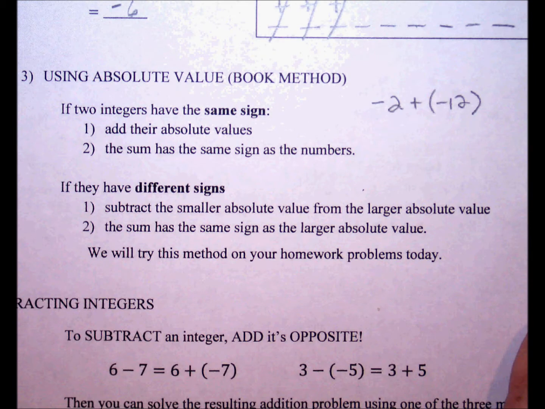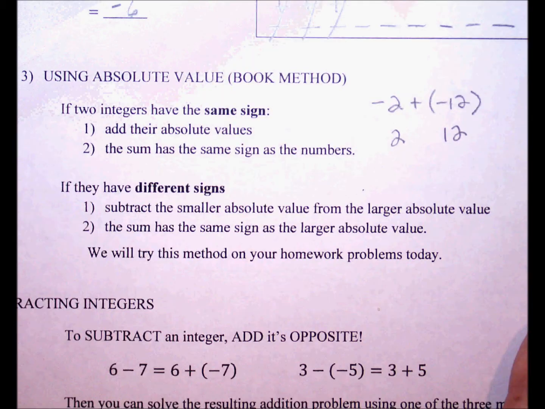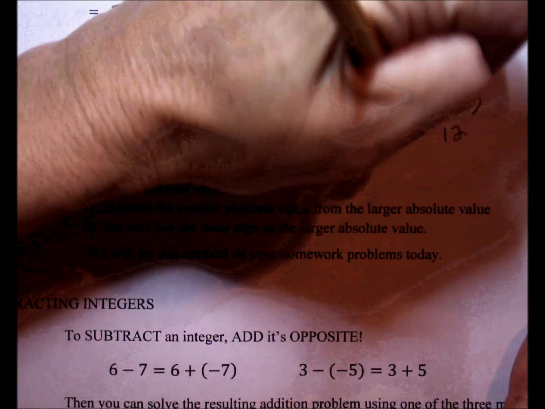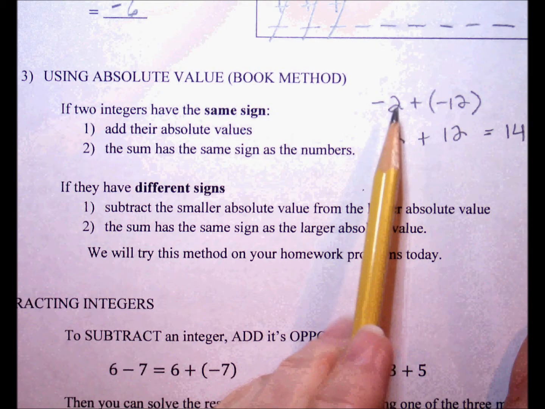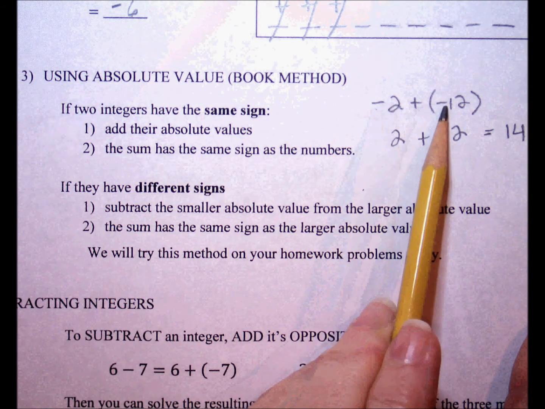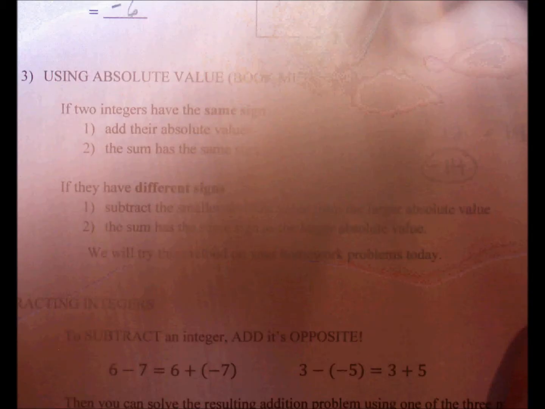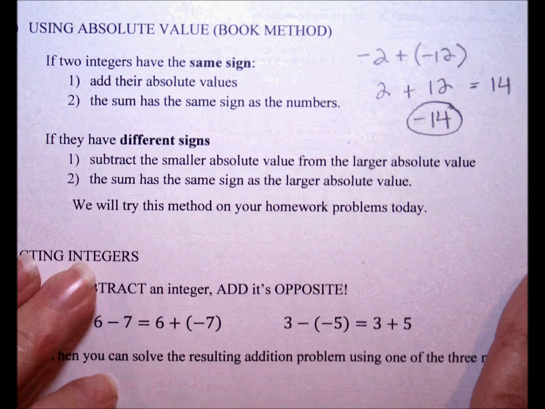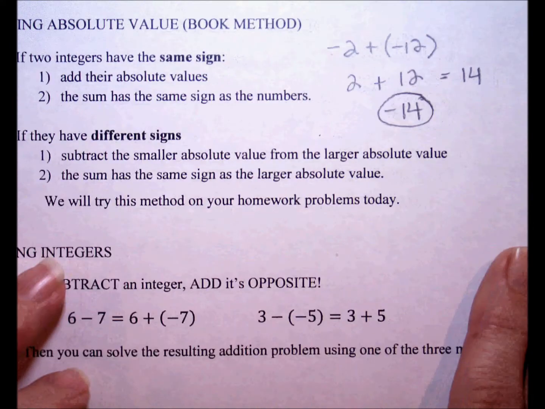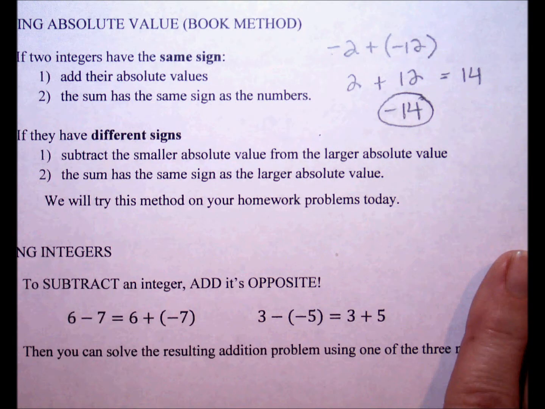So let's say we're adding negative 2 plus negative 12. We're going to take the absolute value of each of these, so that's 2 and 12, and we're going to add them together. That's 14. But then the result has to have the same sign as the original numbers, so our answer is negative 14.